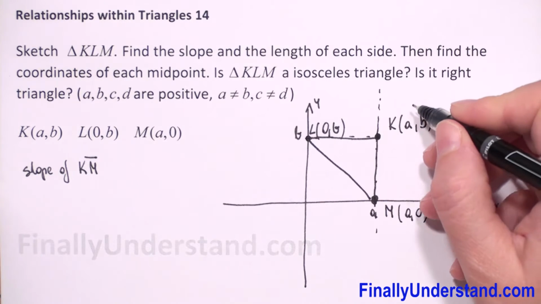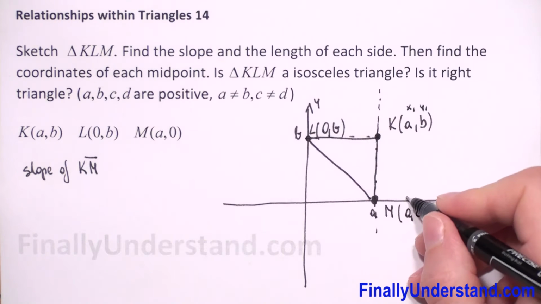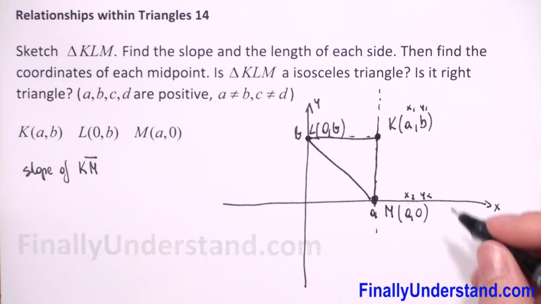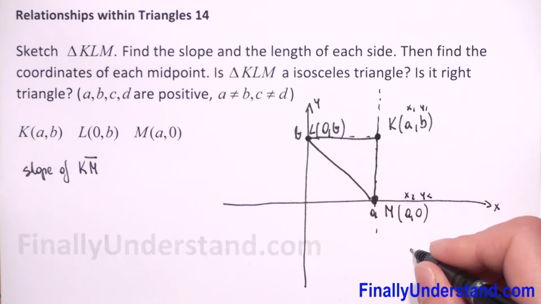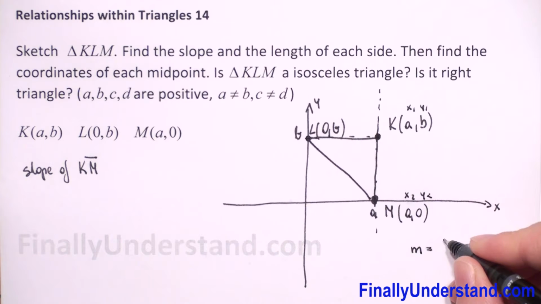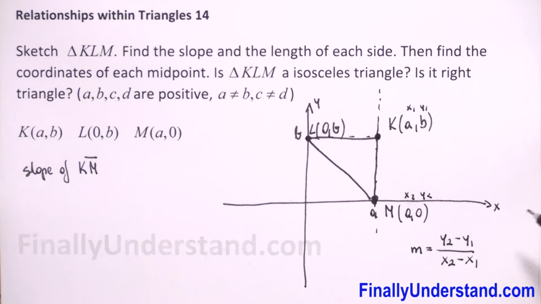Let's say this is our (x1, y1), and this is our (x2, y2). So the formula for slope, let's say slope is m, is equal to, in the numerator, y2 minus y1, over x2 minus x1. So this is our formula.